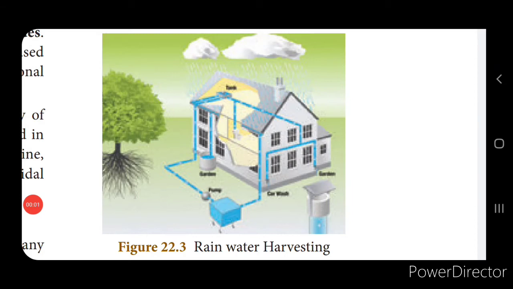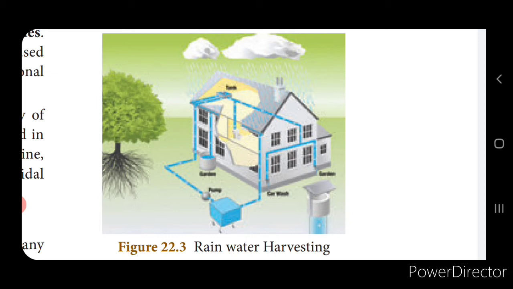Next is rainwater harvesting. What is rainwater harvesting? It is nothing but the collection and storage of rainwater for future use. The traditional method of storing rainwater can be done in underground tanks, ponds, lakes, check dams, and it is used for future use.